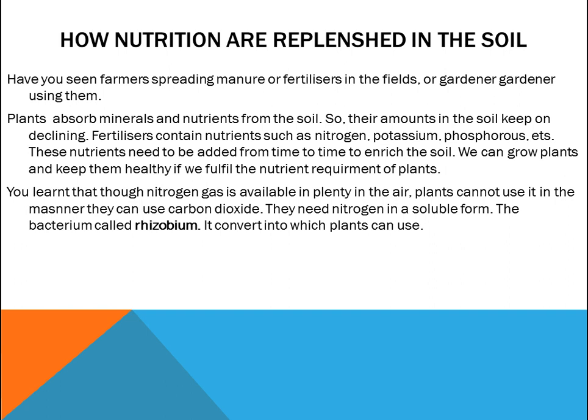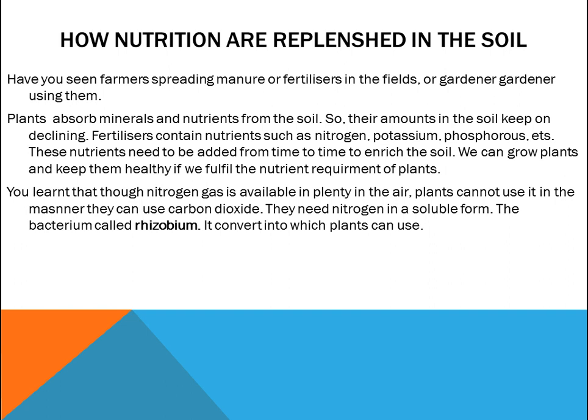So, how are nutrients replenished in the soil? Do you know? Have you seen farmers spreading manure or fertilizers in the field, or gardeners using them? Plants absorb minerals and nutrients from the soil, so their amount in the soil keeps on declining.